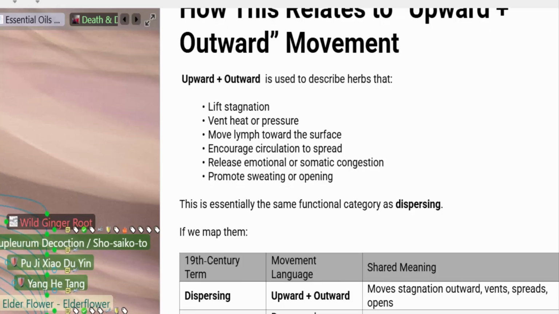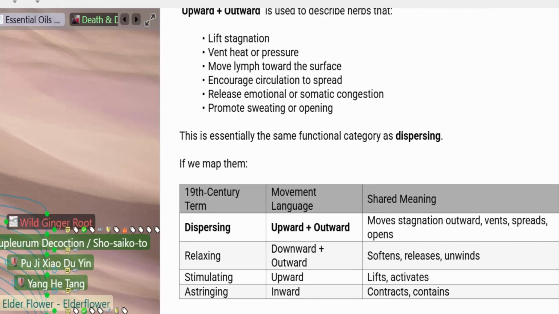Here is a little chart that draws a comparison with the 19th century term and our more current movement language and what the shared meaning is. So dispersing means upward and outward today. The shared meaning is it moves stagnation outward, vents, spreads, and opens.